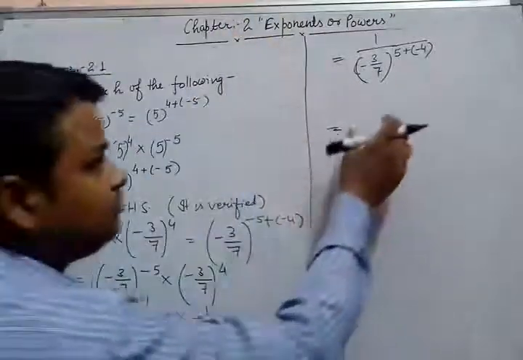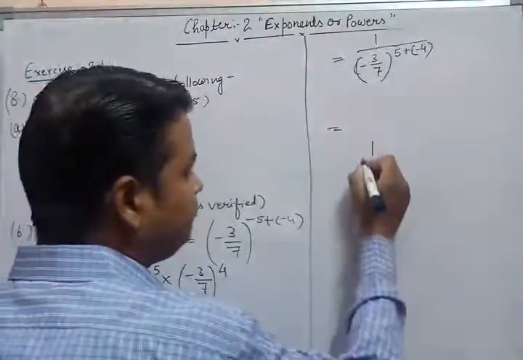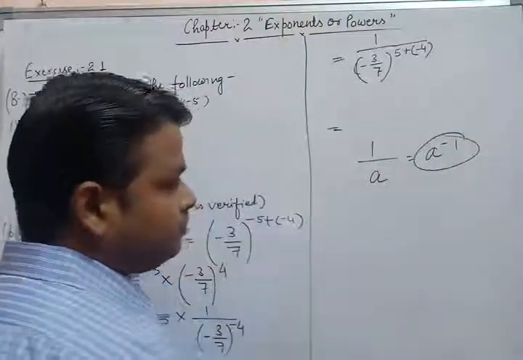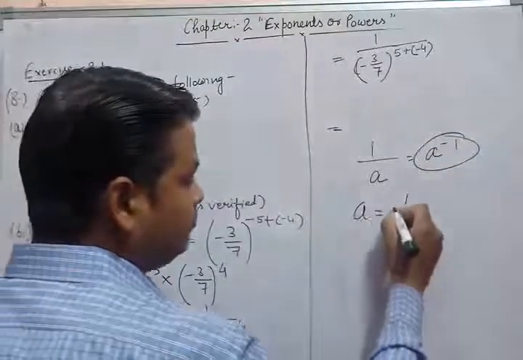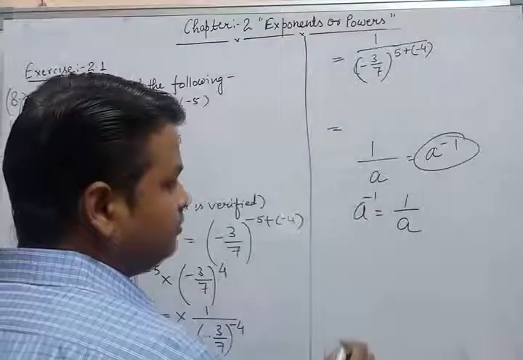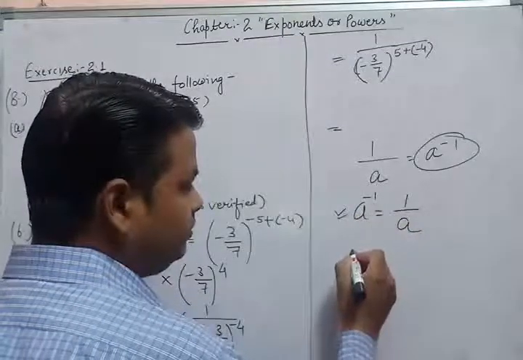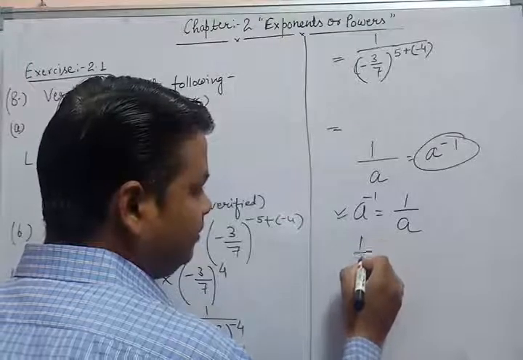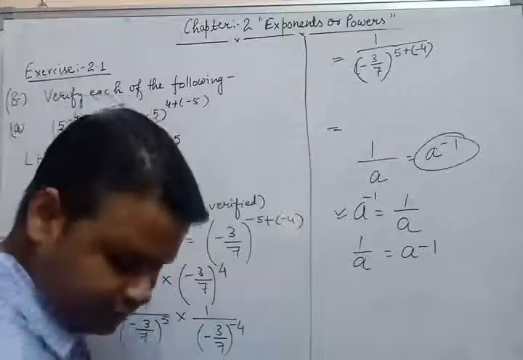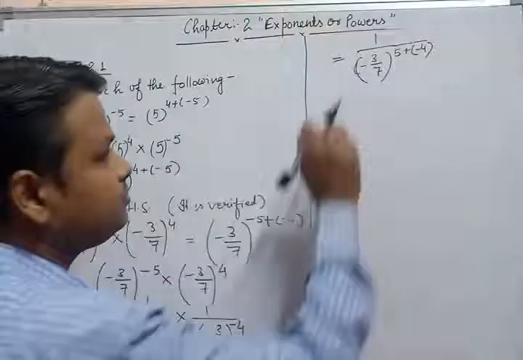Now this question can also be solved this way: if 1 upon a is given, then we can write a power minus 1, because a power minus 1 is equal to 1 upon a. So we have to apply this concept in this question.